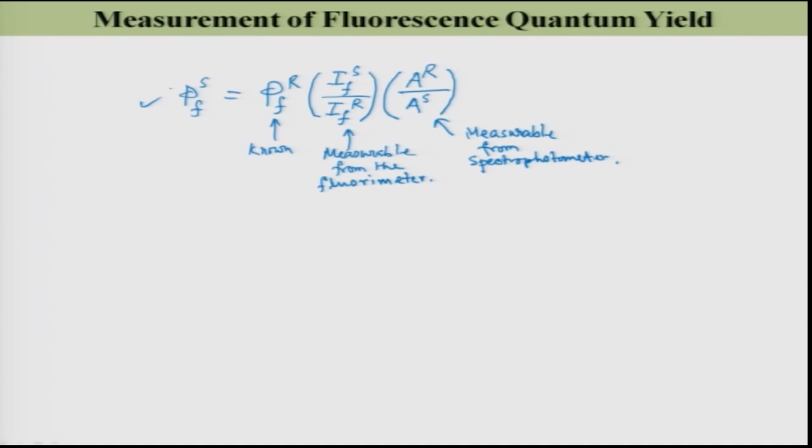So, what reference molecules do people generally use, which are well known? For example, one can use quinine sulfate in 0.1 molar sulfuric acid. This phi f is known, right? This is 0.577.